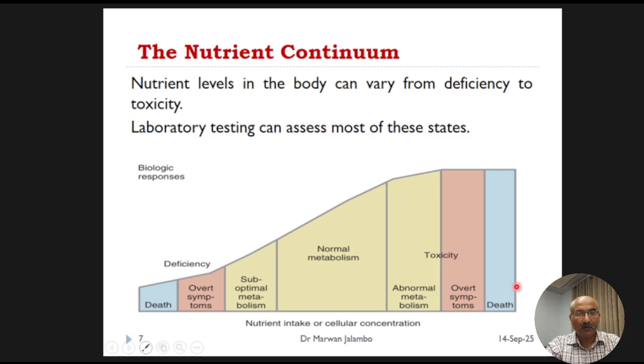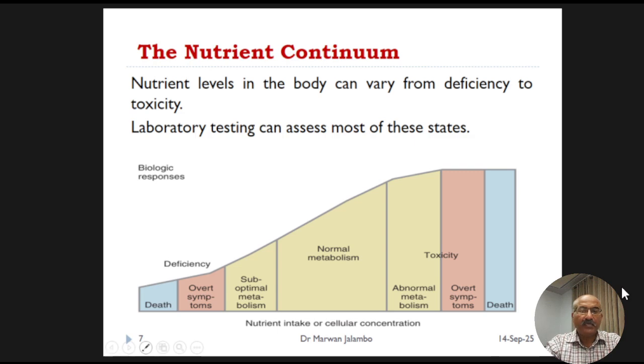In between, we have suboptimal states: suboptimal on the left, and abnormal metabolism on the right.